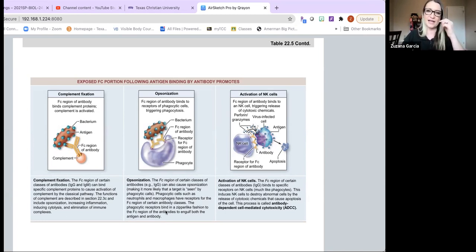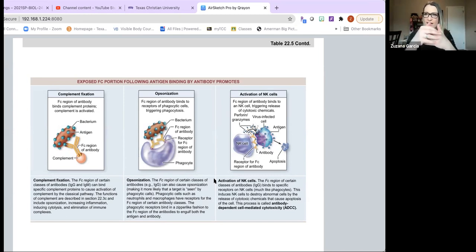And then the third thing that the Fc region can do is activate natural killer cells. Natural killer cells, as their name suggests, are going to be good at killing things. They're not the same as cytotoxic cells, but similar in how they kill the cell. Natural killer cells are attracted to these exposed Fc regions of the antibody and anchor, attaching to those ends.